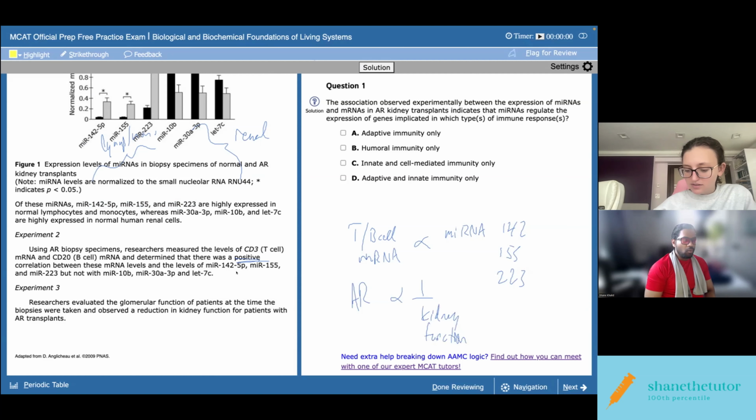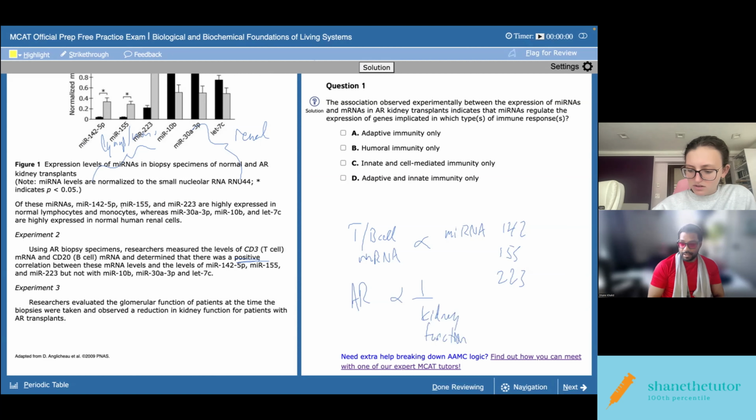So from the passage, what types of immune cells do we see? T cells and B cells. Anything else? Lymph nodes and monocytes.